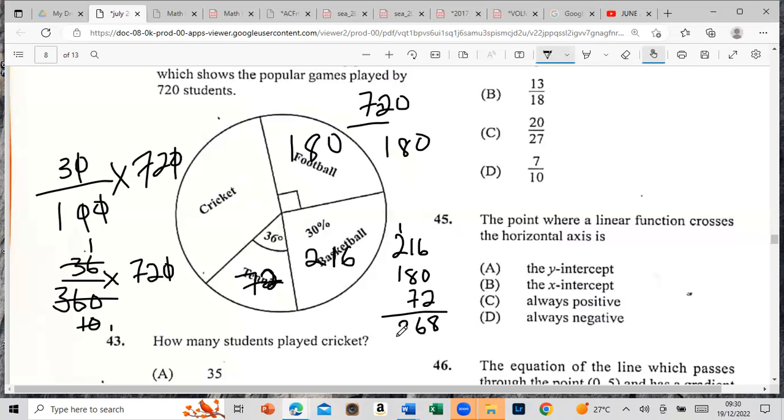So that's 468. So we know all of these combined are 468. So all we have to do is take 468 from 720.